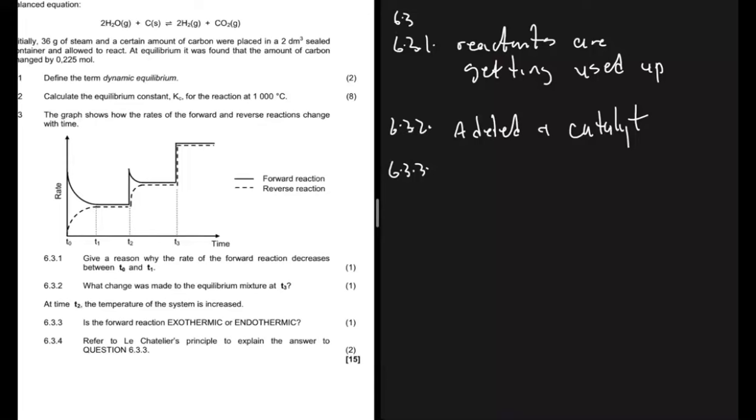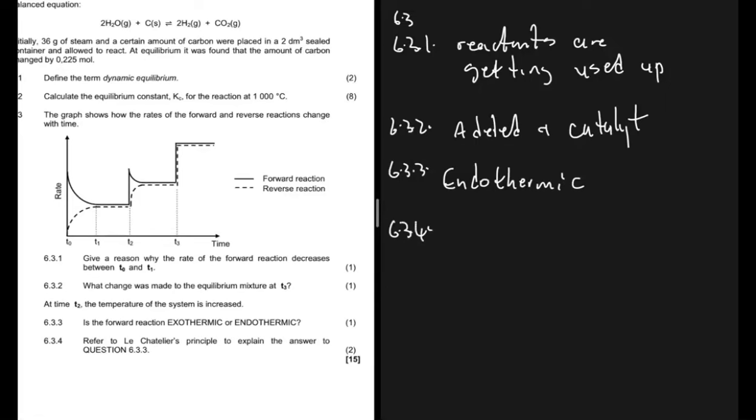And we know that an increase in temperature only favors an endothermic reaction. So we're going to say 6.3.3, the forward reaction is endothermic. Why are we saying it's endothermic? We're saying it's endothermic because it was favored by an increase in temperature. And that's only true for an endothermic reaction.